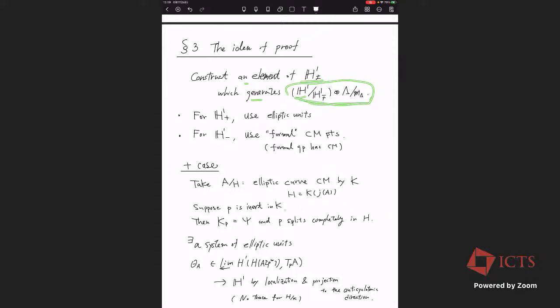So we construct a good element in H^1 plus and H^1 minus. For H^1 plus, we use elliptic units to construct the desired generator. And for H^1 minus, we use formal CM points. This is our new idea to construct the generator.